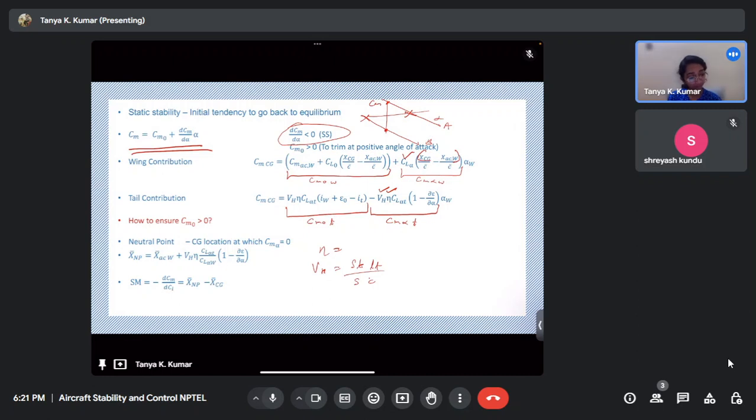So efficiency factor is the ratio of the velocity seen at the tail and the free stream velocity square. Okay, so this is your tail efficiency factor, horizontal tail efficiency factor.